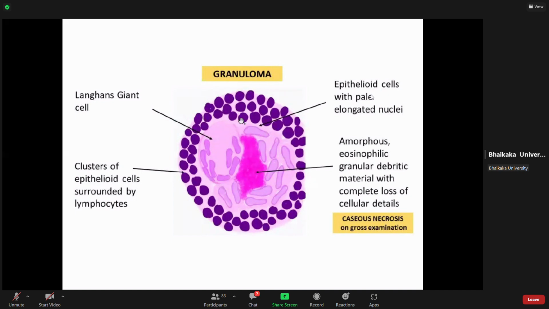This one is a colored diagram, so that is why it is pink in color, as it takes up pink color on H&E stain. So central necrosis is amorphous eosinophilic granular material with complete loss of cellular details. Hardly can you see any cells. It is totally destroyed, and it is present in the form of necrosis.